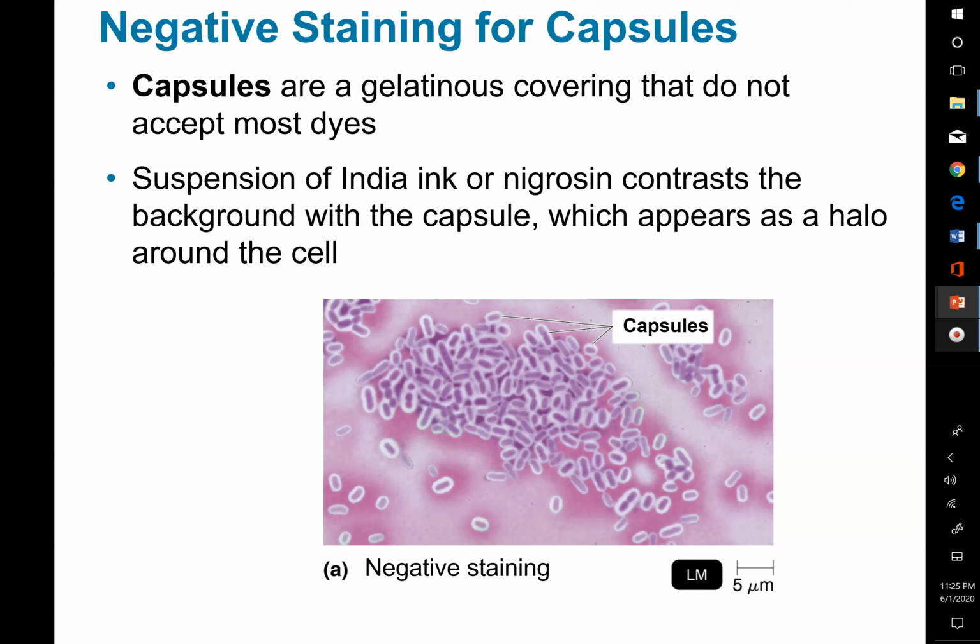And it's that combination of the positive and the negative that then allows you to visualize the capsule. So the capsule itself is not stained. You can't see the capsule unless you do this special procedure where you stain the bacteria inside with a positively charged dye. You stain the background of the slide with a negatively charged dye, and you get this effect of this unstained capsule popping out.